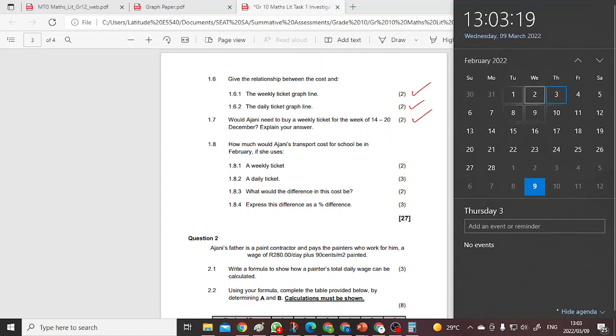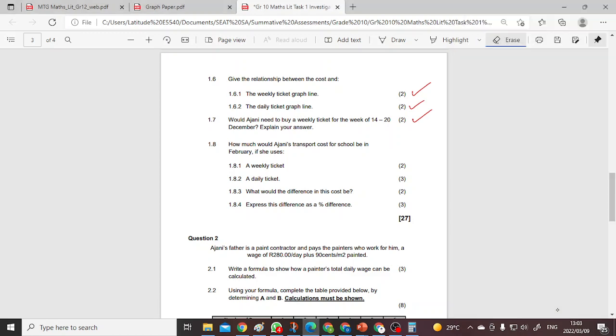So therefore it's 1, 2, 3, 4, 5. 5 weeks in February. That is what you must know. So now it says, how much would she pay for, that is 5 times the cost of a weekly ticket, right? That's how you do that one.